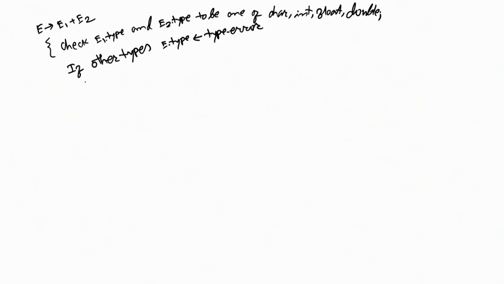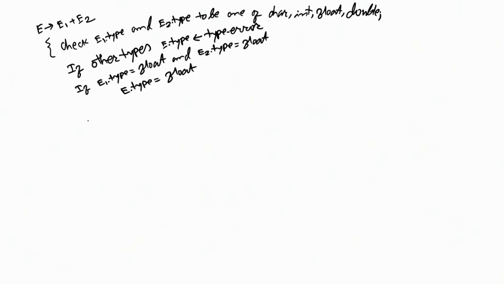Otherwise, if E1.type is float and E2.type is also float, if both of them are float, then we can say that E.type is equal to float.